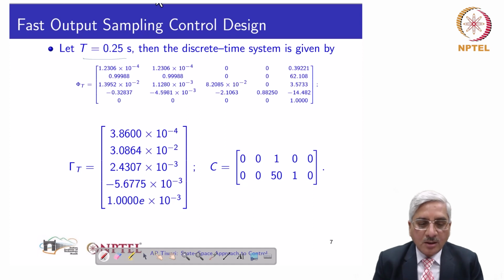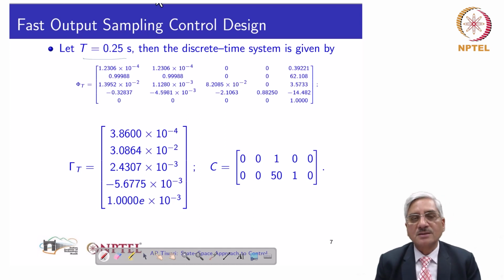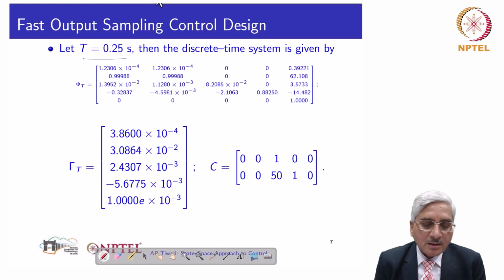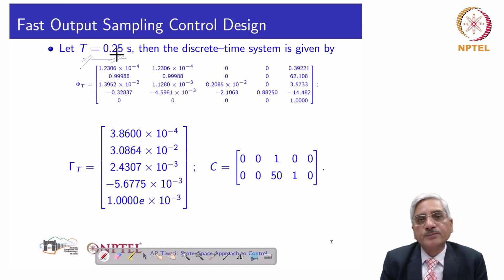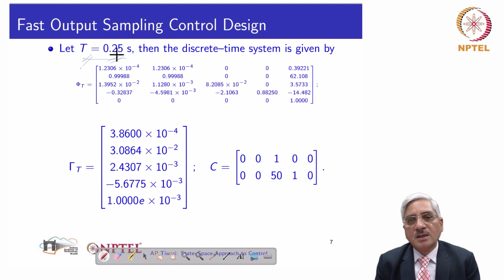So for that reason we select T equal to 0.25 second, and of course it is justified from the physical considerations of the system. Because we are sampling the system at this interval T, in 0.25 second the system output would not have changed much.